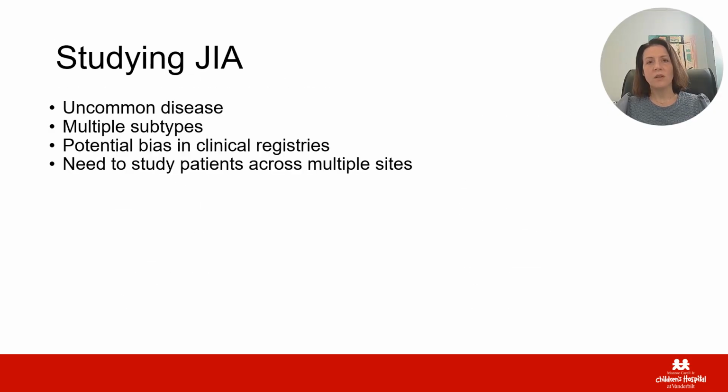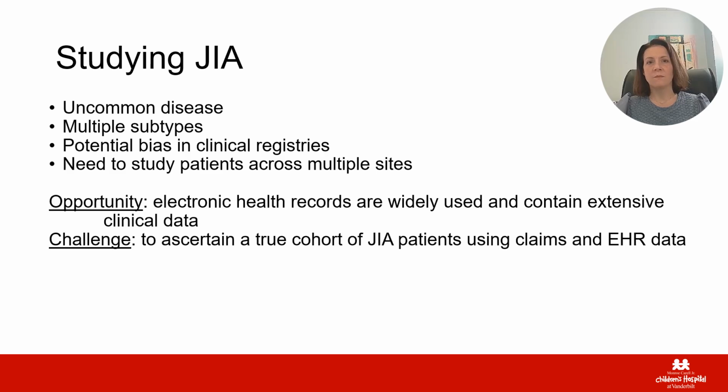So there are some important things to know about studying JIA. First, this is an uncommon disease. Second, we have multiple subtypes. We also have potential bias in all of our clinical registries. And we really need to be able to study patients across multiple sites. So there's an opportunity.